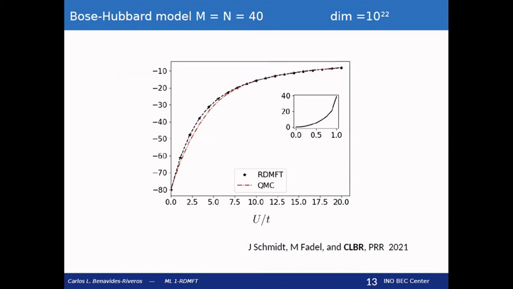So this minimization, or this search constraint, is essentially exact until 20 bosons and 20 sites. And here is where we started to see the deviation. So the procedure is not exact, and we have to work more. But here you are seeing the results for 40 sites and 40 bosons.